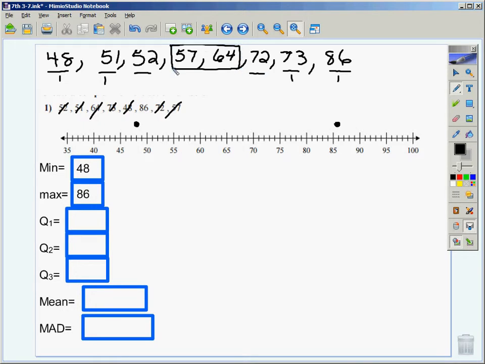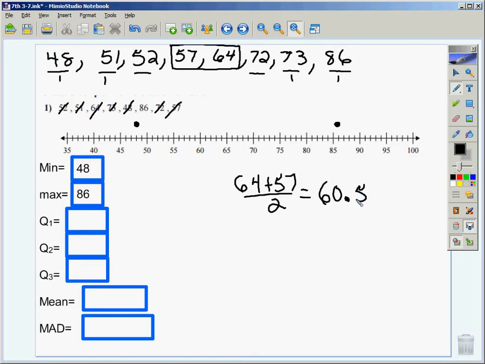Guess what? There's 2 of them in the middle. When there's 2 of them in the middle, what do I do with them? I add them together and divide by 2. 64 plus 57 divided by 2 is 60.5.